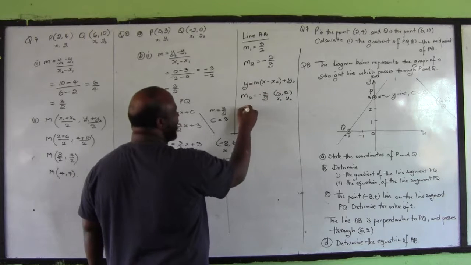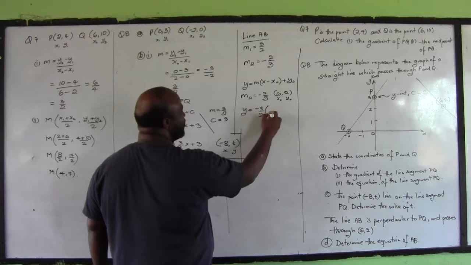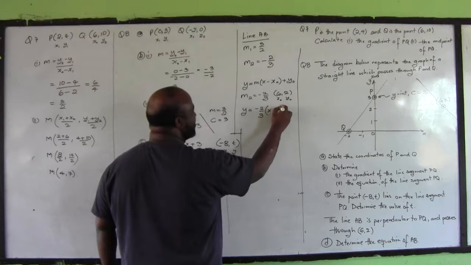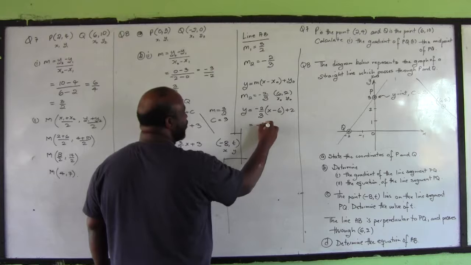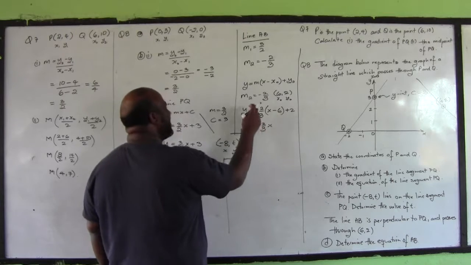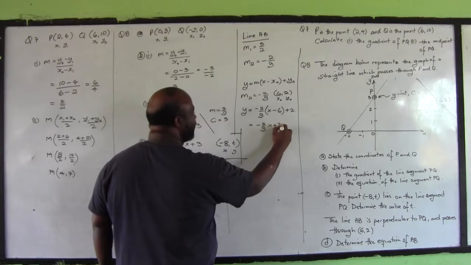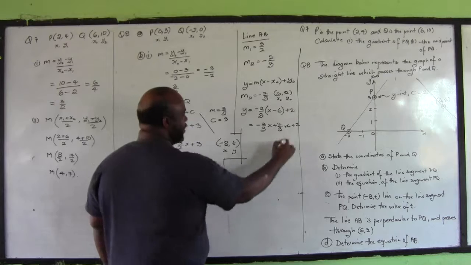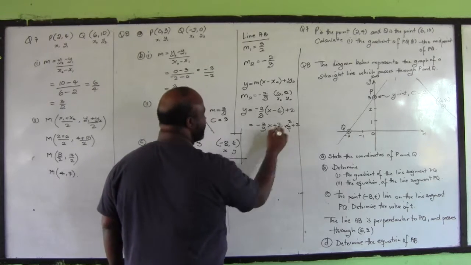Let's put it in. y is m, minus 2 over 3, times x minus 6, plus 2. This is minus 2 over 3 x. A negative times a negative is a positive. 2 over 3 times 6, plus 2. 6 over 1, plus 2. 3 into this is 2.